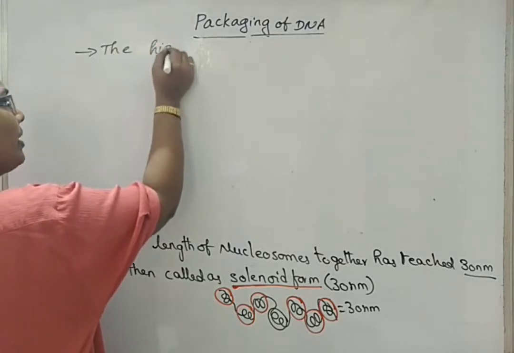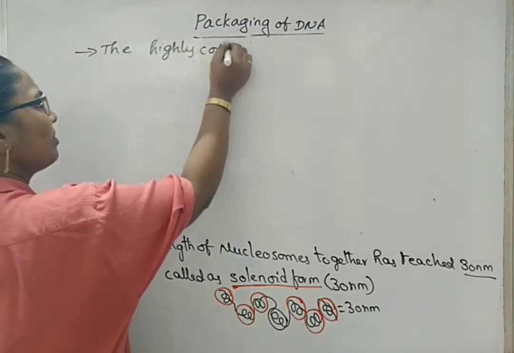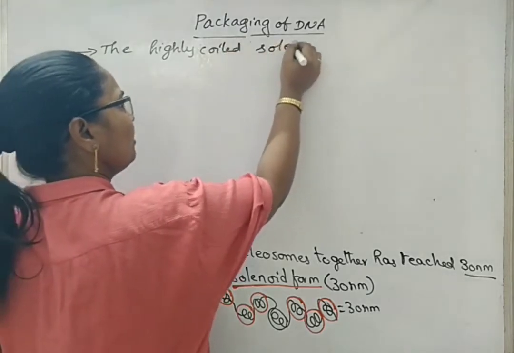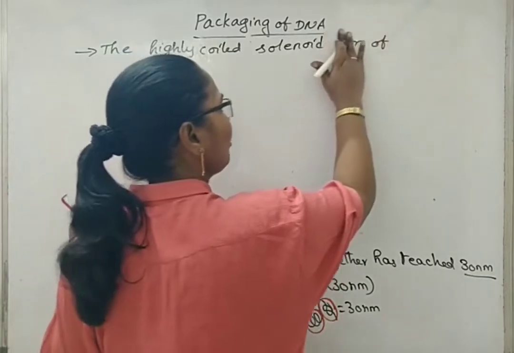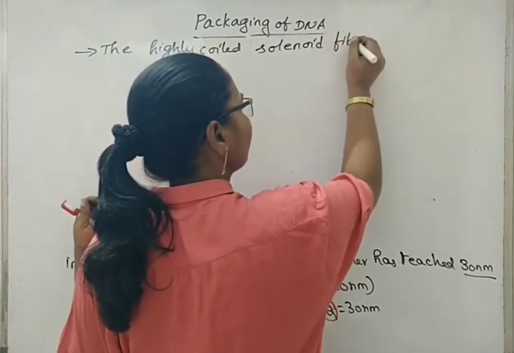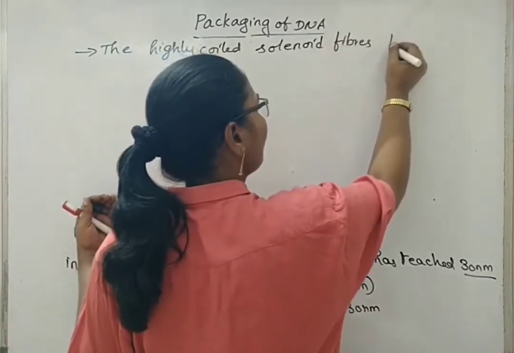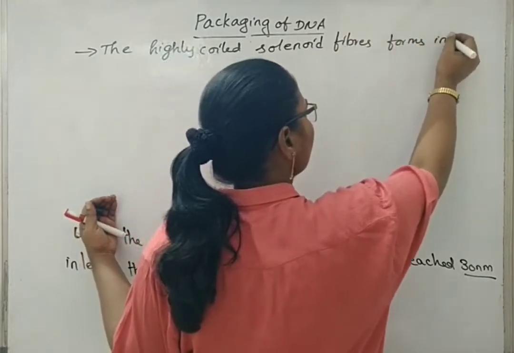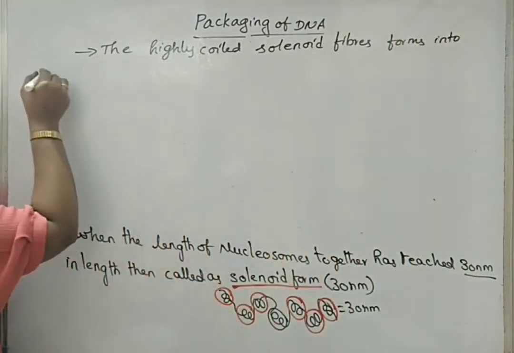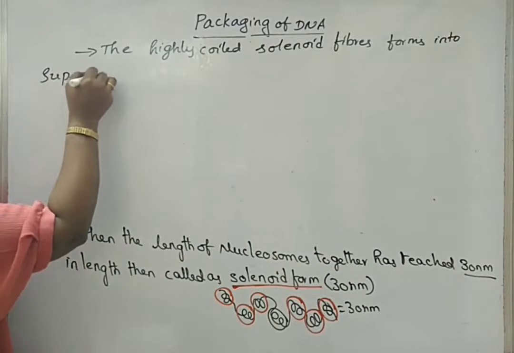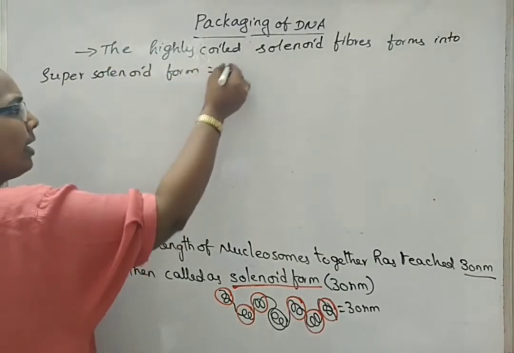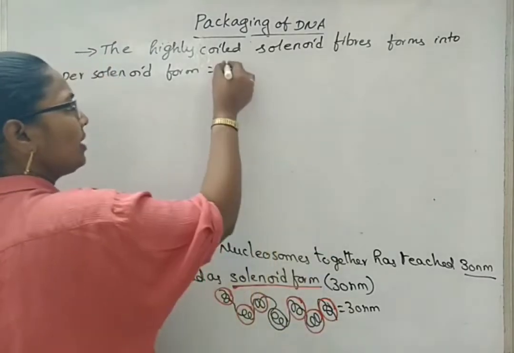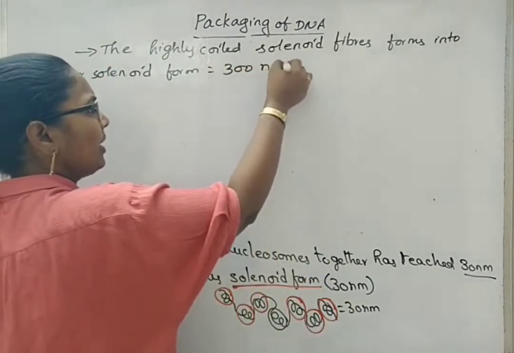The highly coiled solenoid form of chromatin or solenoid fibers, we'll write, forms into super solenoid form. Now again the length changes from 30 nanometers to 300 nanometers of length.